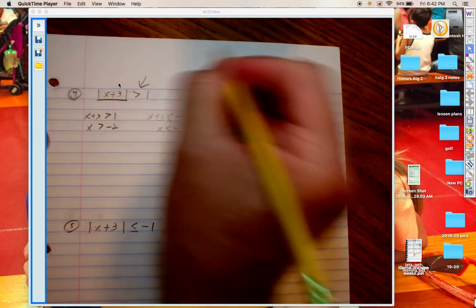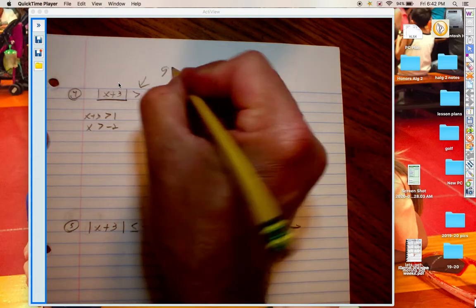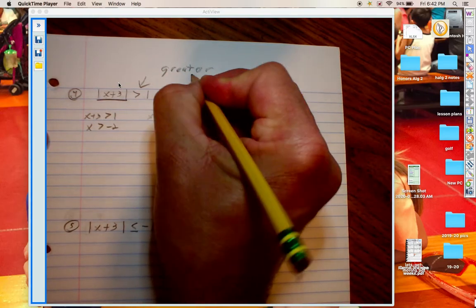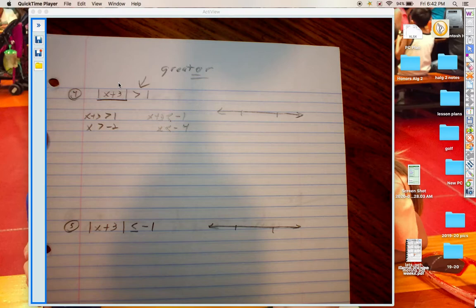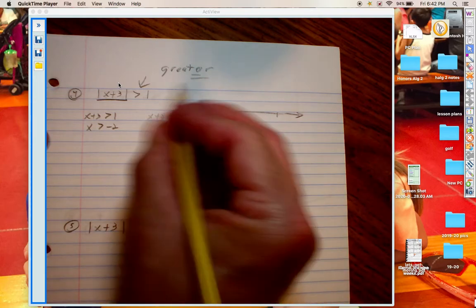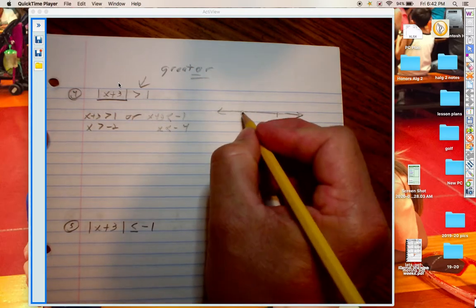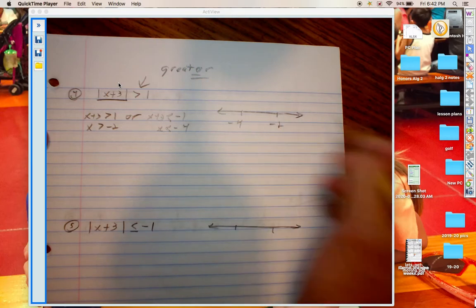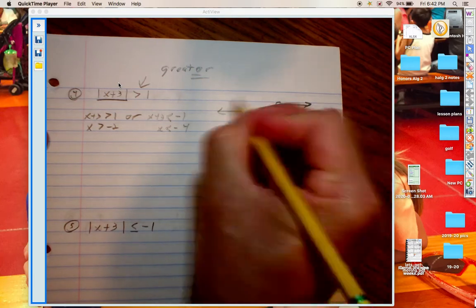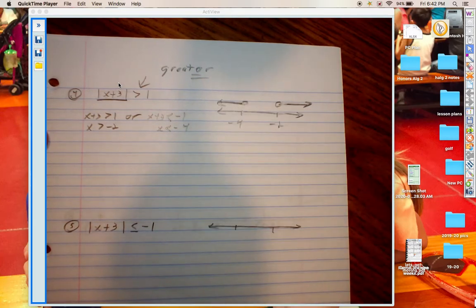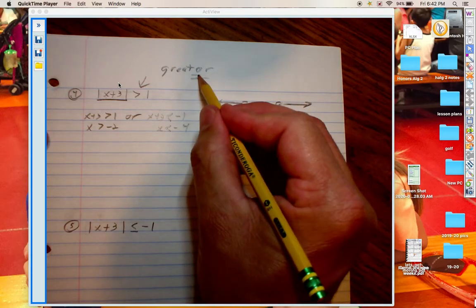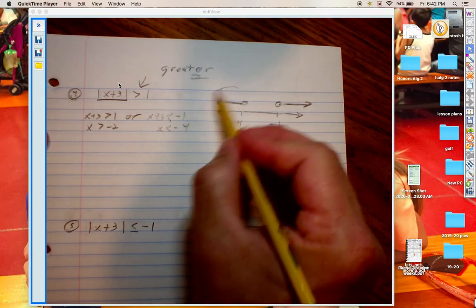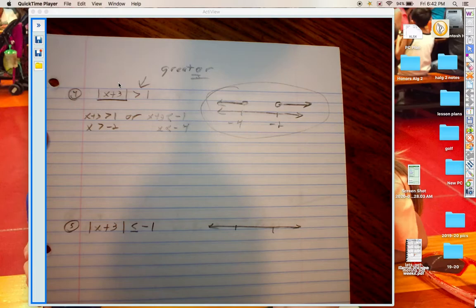This is a greater than symbol, and we need to remember greater or. Absolute value inequalities, we have to have a less than or a greater than, and it's in either an and or an or. Greater or is an or statement, so I'm going to grab both of these, negative 4 and negative 2. Open circle to the right, open circle to the left, and if it's an or statement, I need it all. So my answer are both of those inequalities.